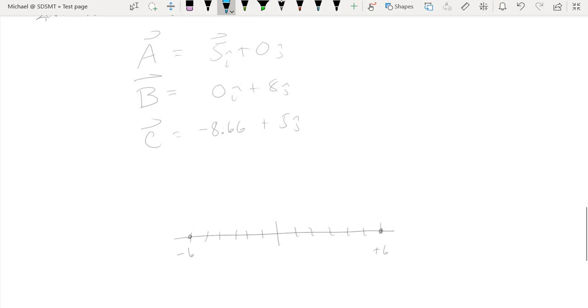If this were a vector of positive 6, and then I all of a sudden multiplied it by negative 1, well, what happens to the vector? It needs to turn around. It needs to flip. It needs to turn around by exactly 180 degrees. That's all we have to do. All we have to do is flip the vector over.